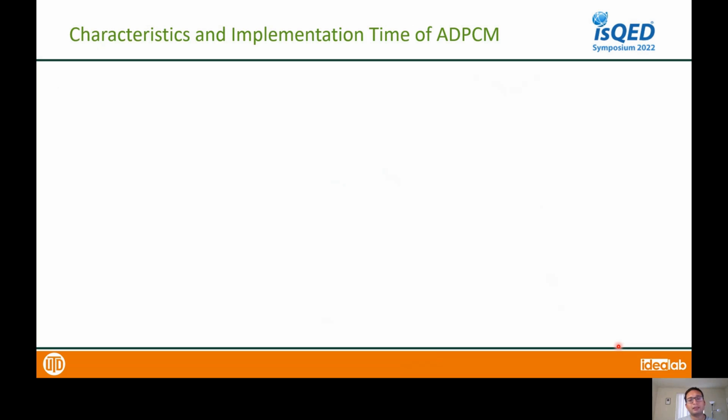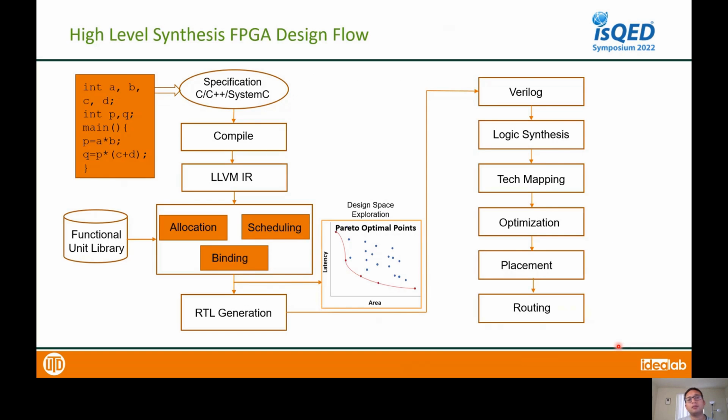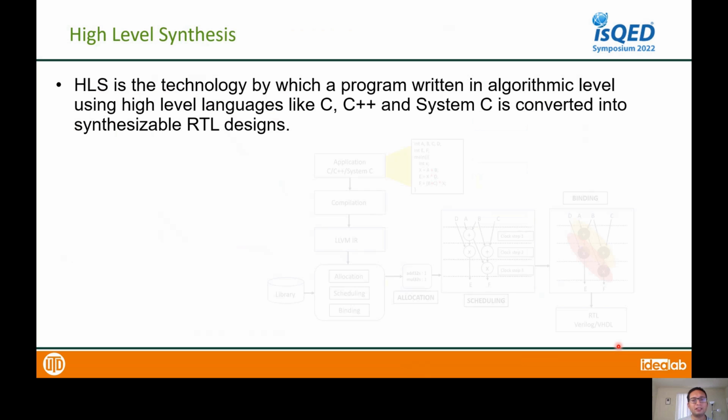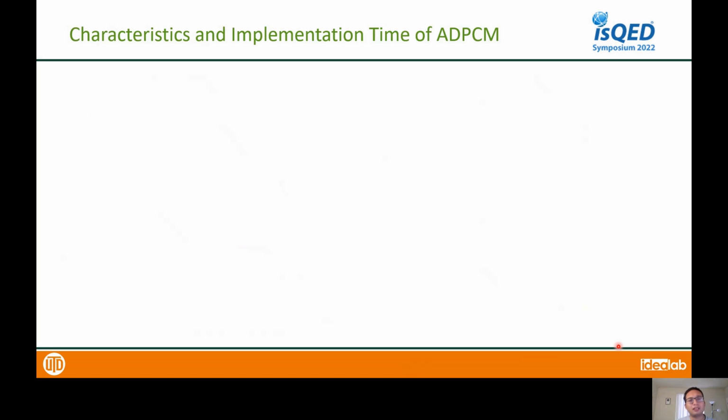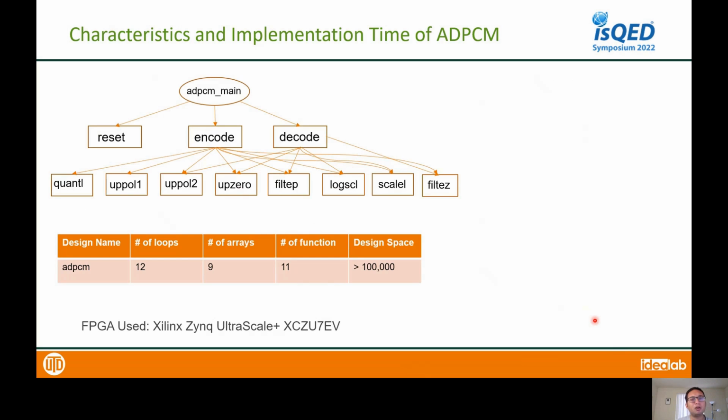As I have shown in the previous slide, the process of conversion of an HLS design into RTL and finally the physical design flow is extremely complex and consists of a number of stages. In order to show the complexity of the flow, we have mapped a complex design called ADPCM, or Adaptive Differential Pulse Code Modulation, onto a Xilinx Zynq UltraScale+ FPGA device.